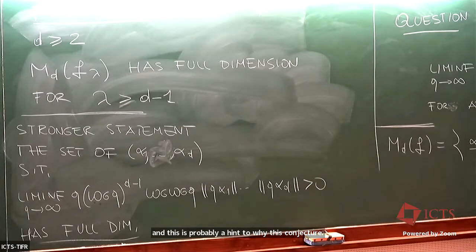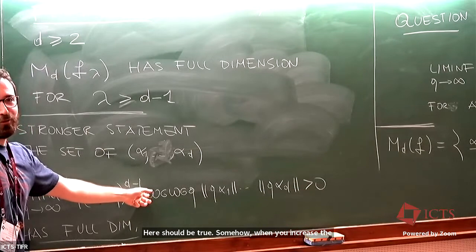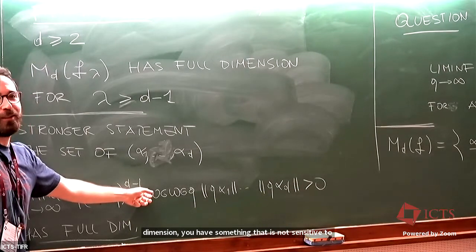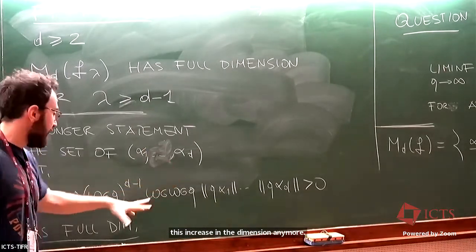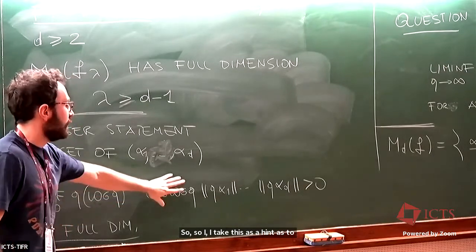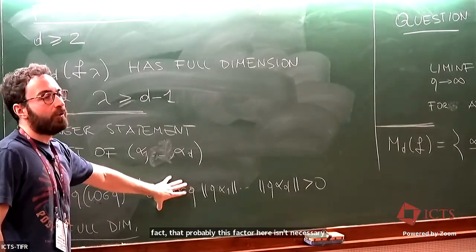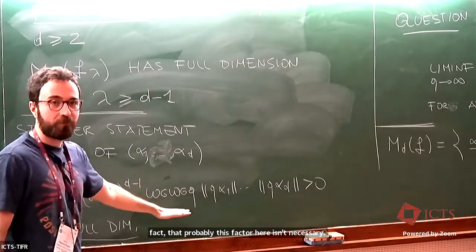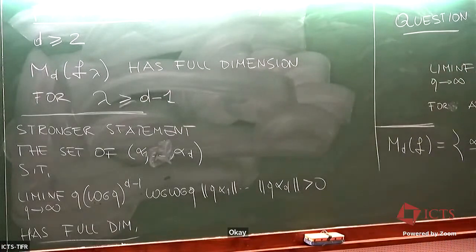Somehow, when you increase the dimension, you have something that is not sensitive to this increase in the dimension anymore. So I take this as a hint that probably this factor here is unnecessary, but the techniques that we're using for now do not allow us to remove it, okay? Great.